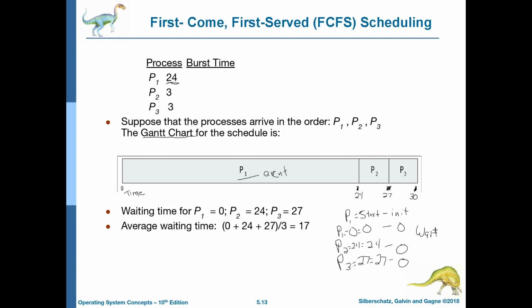This is the amount of time it spent in the ready queue waiting for that to happen. So the average wait time for the entire system is 0 plus 24 plus 27, all divided by 3. This is the average wait time for this particular system.